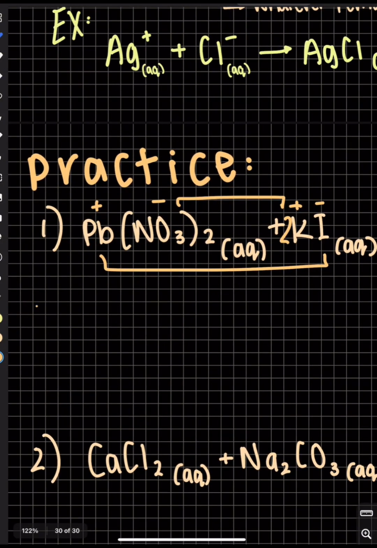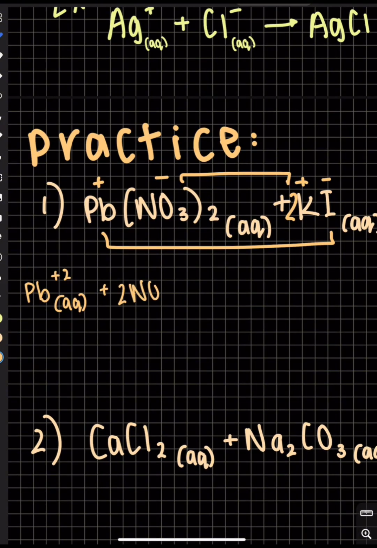So I'm going to write Pb 2+ aqueous, plus 2 NO3 negative, because here our NO3 has a subscript of 2, meaning that any subscripts always get turned into coefficients in your ionic equation, plus 2 potassium, which has a charge of +1, aqueous, plus 2 iodides, which have charges of -1 and are also aqueous.